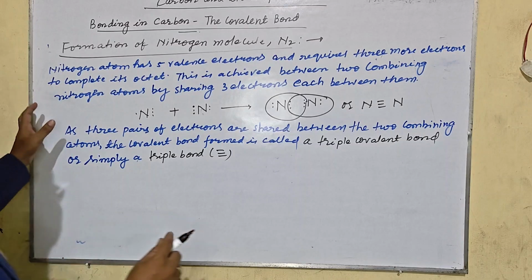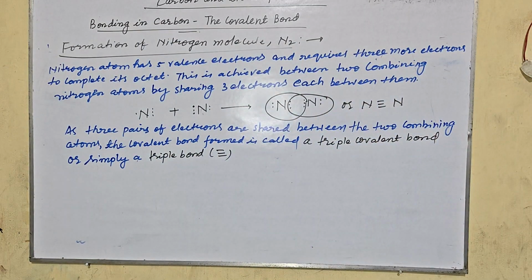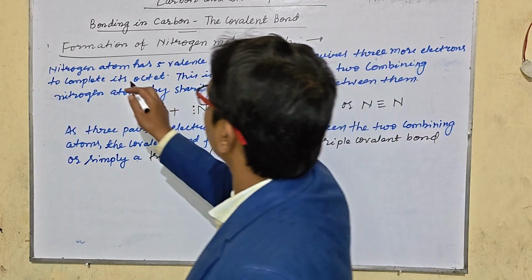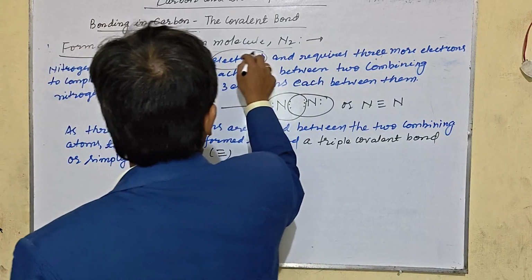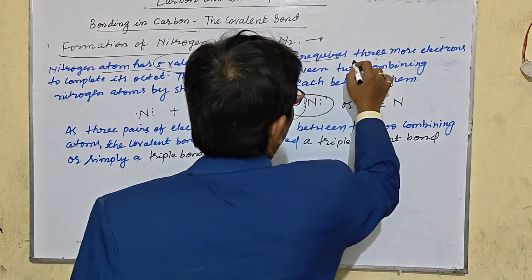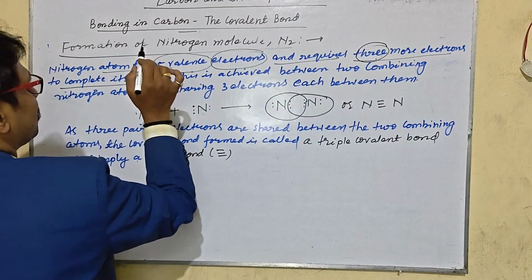So these are the things. A nitrogen atom has 5 valence electrons and requires 3 more electrons to complete its octet.